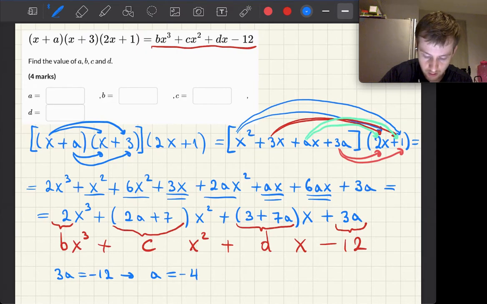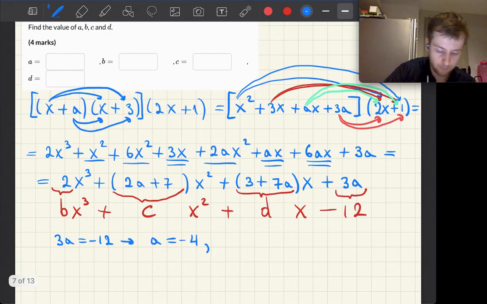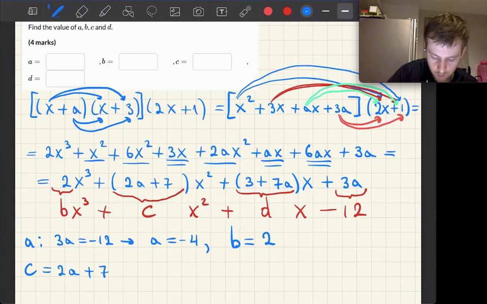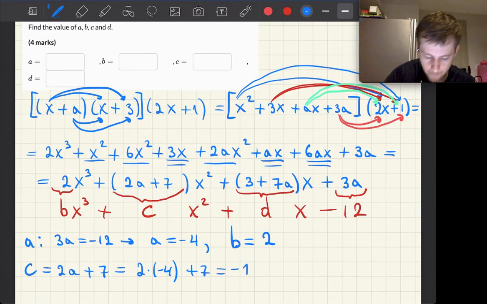Now that we know that a is minus 4, we can find all the other stuff. This is how we found a. b is very easy to find: b is just equal to 2. c and d are a bit more interesting, but now that we know a, it's not so hard. c equals 2a plus 7. We know that a is minus 4, so it's 2 times minus 4 plus 7, which equals minus 1.